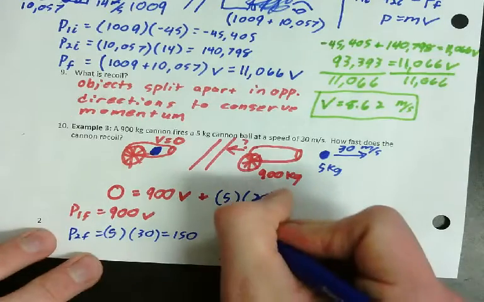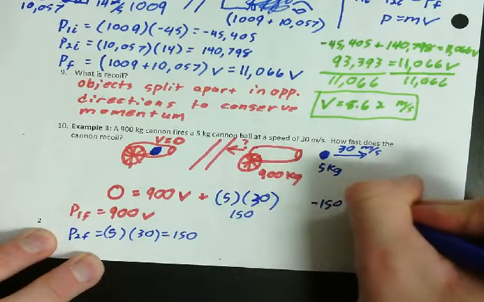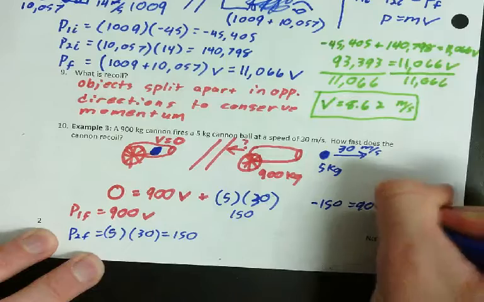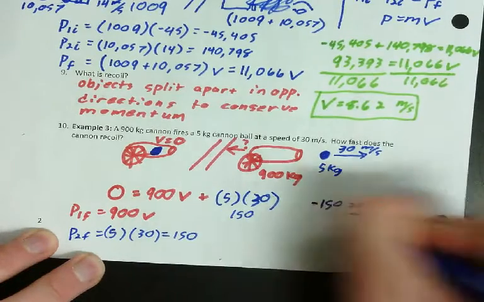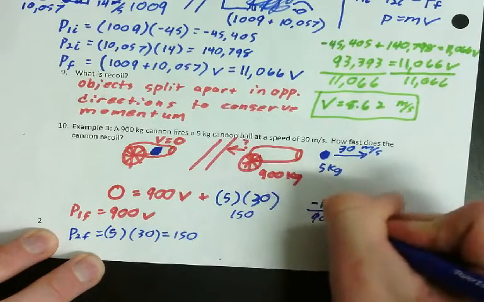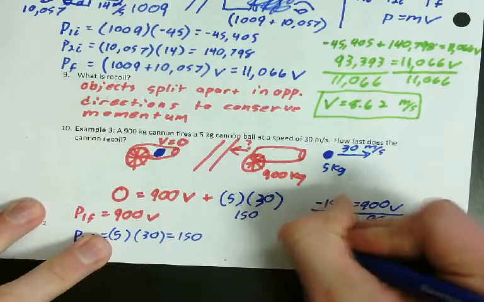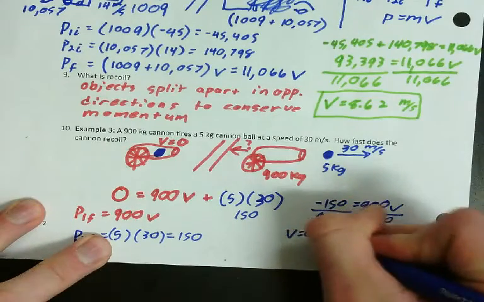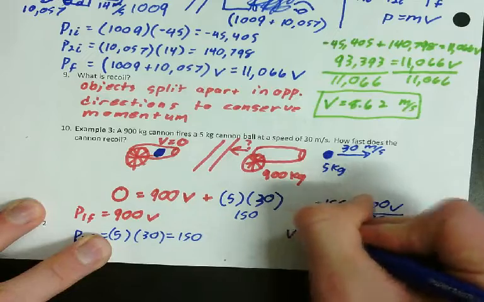You would subtract the 150 from both sides to get v by itself. V equals negative 0.167. Sorry, negative. I left the negative off there.